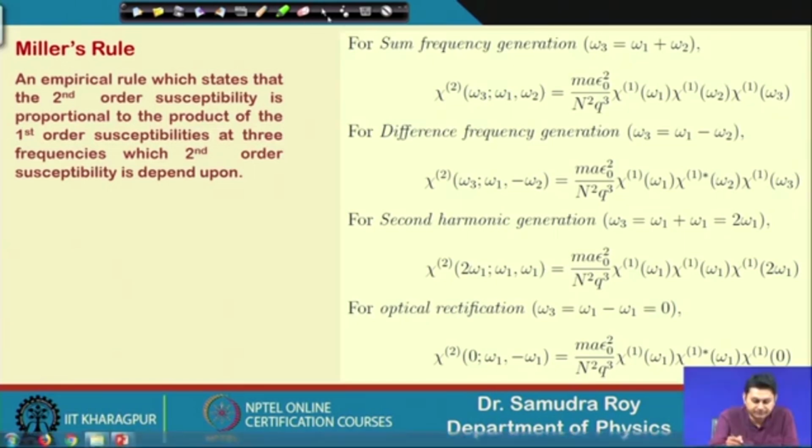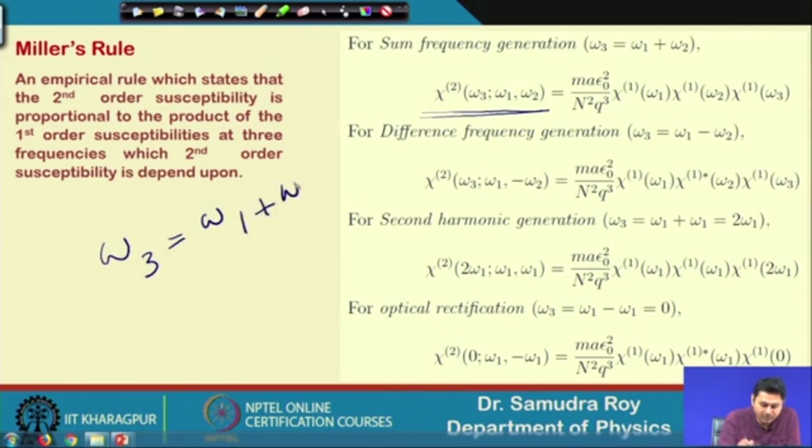For example, if my susceptibility is related to omega 1 and omega 2, that means omega 3 is represented by omega 1 plus omega 2, the sum of these two frequencies. I can extract this frequency also.